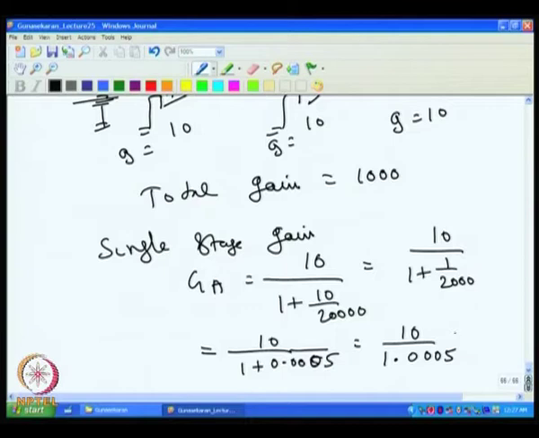You will find this gain is coming very close to 10, that is 9.995. You have to work out and see what is the actual value.